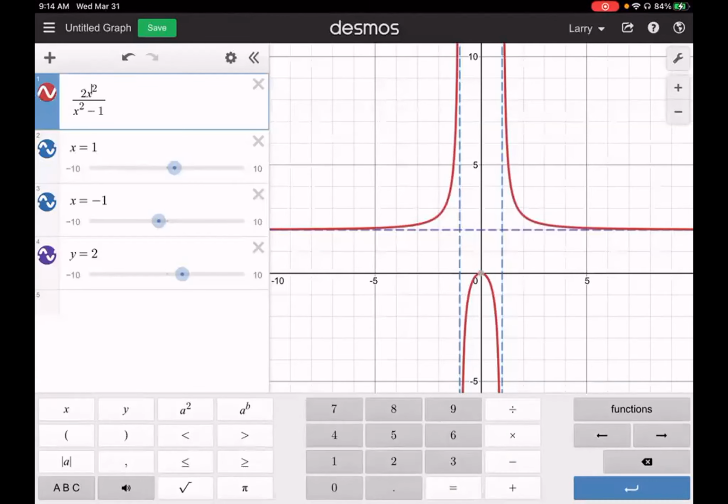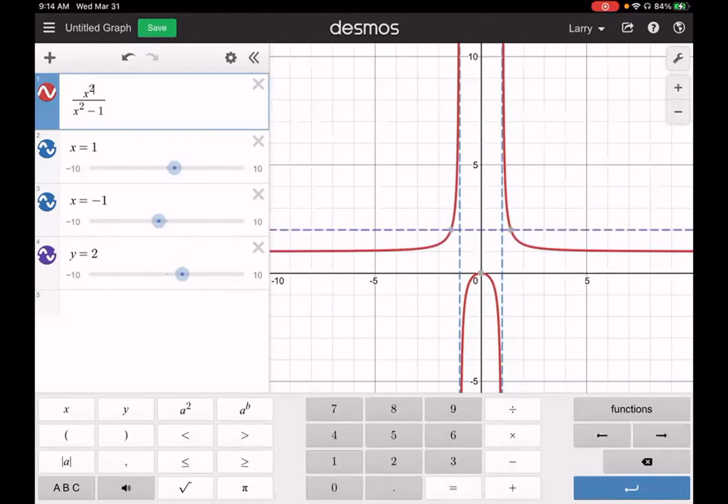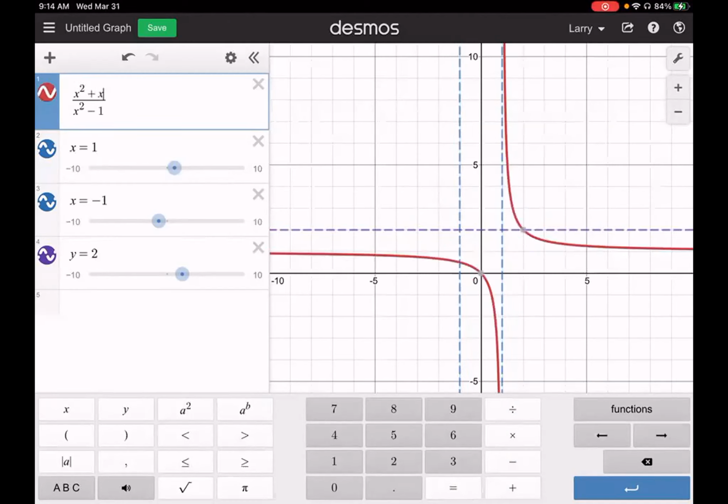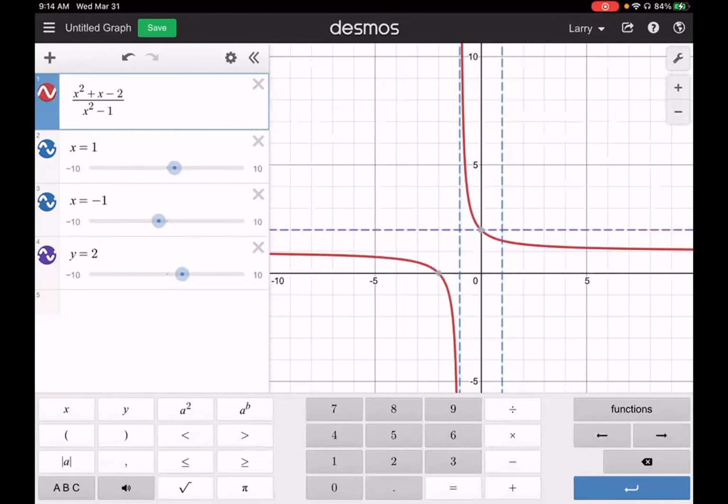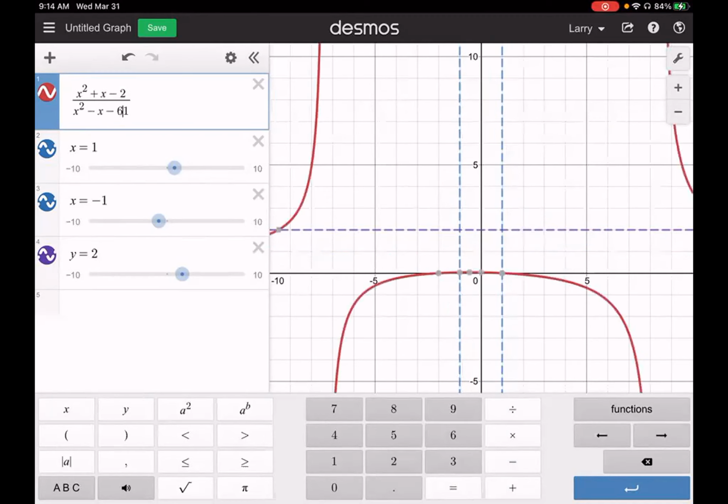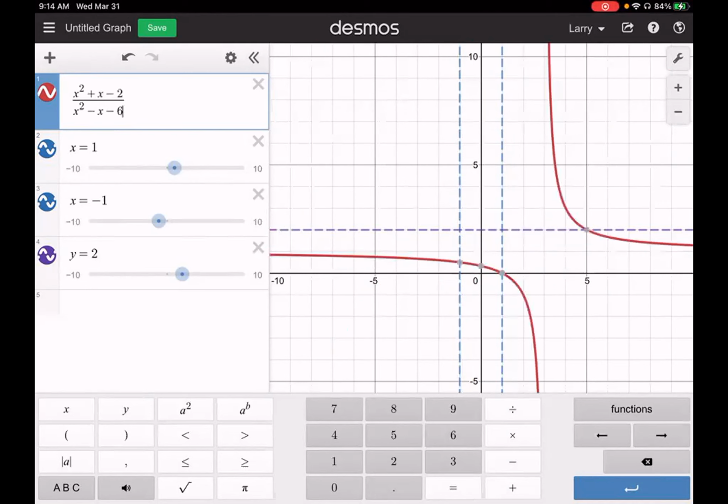So this one said x squared plus x minus 2 over x squared minus x minus 6. Okay, now our asymptotes are way off, as we can already see. Those lines are crossing those ones all willy-nilly.